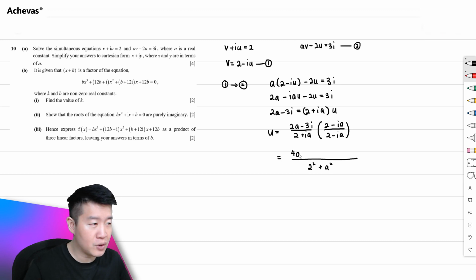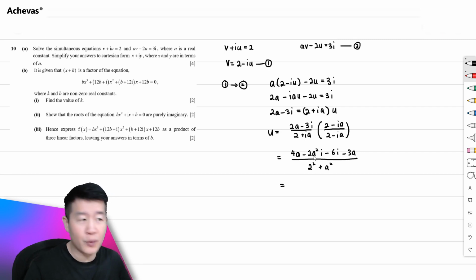We have a 4a. This times this, we have a minus 2a squared i. Then this times this, we have a minus 6i. This times this, we have a positive i squared, which will become minus 3a.